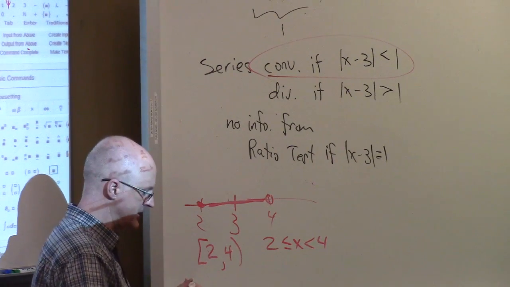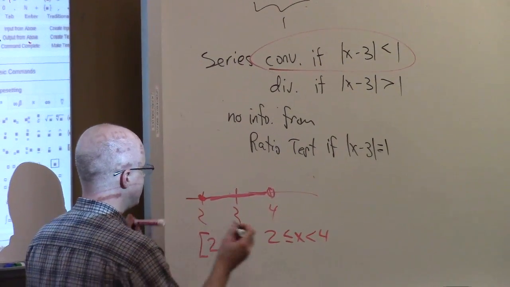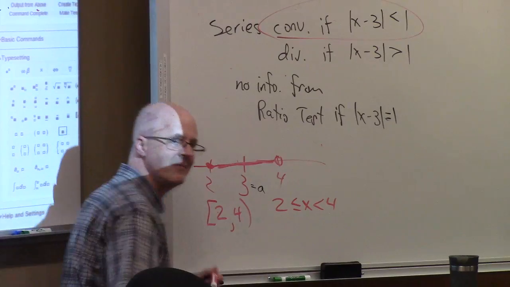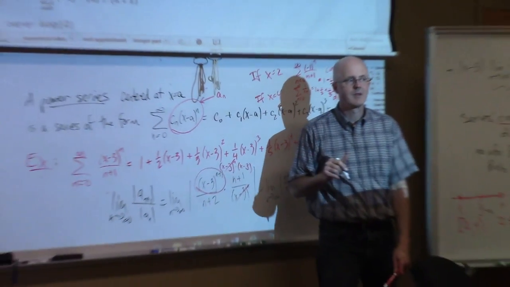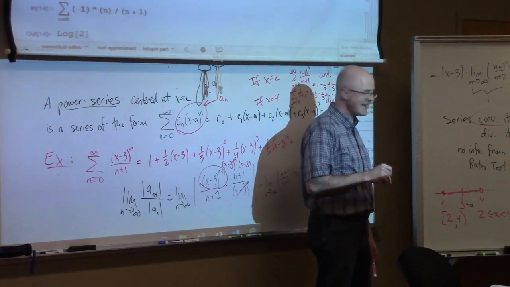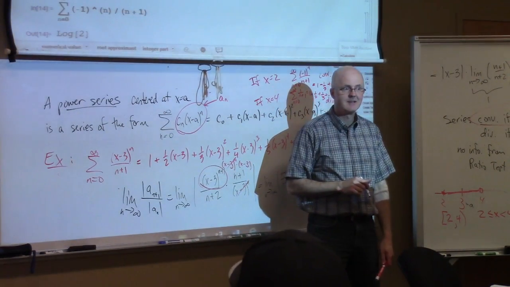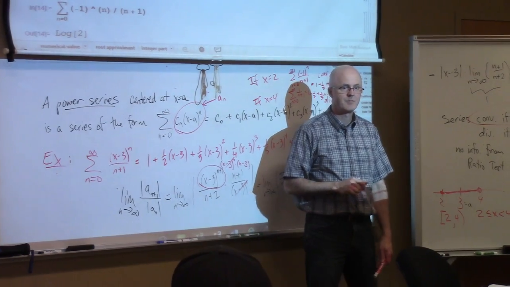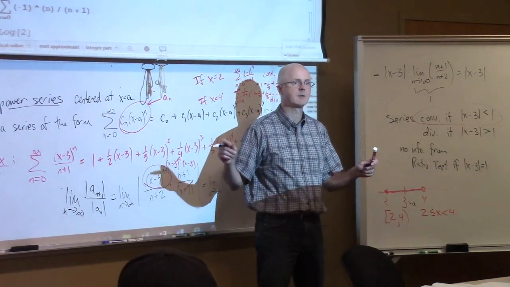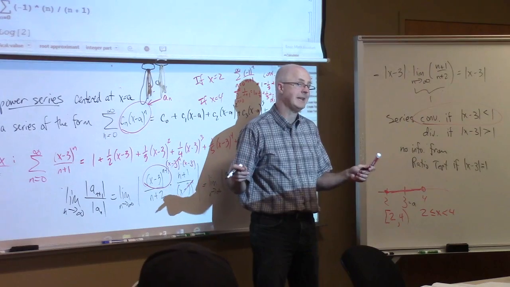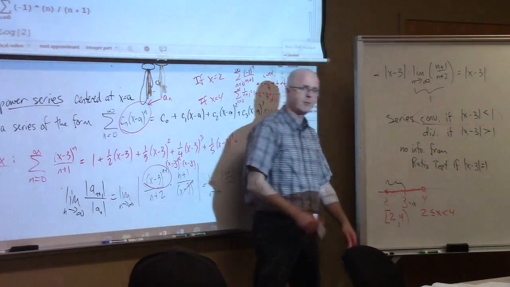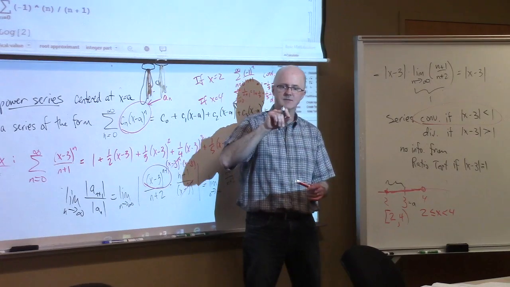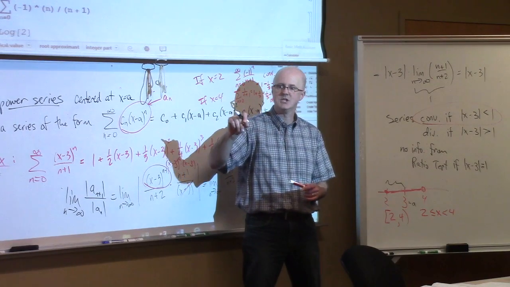The interval of convergence is centered on A. The 3 is the A. 3 there is like the A there. So I guess if that's the center of the interval, don't worry about whether the endpoint is included or not. I guess the interval's got a radius. You know, the radius of a circle is the distance from the center of the circle to the edge.